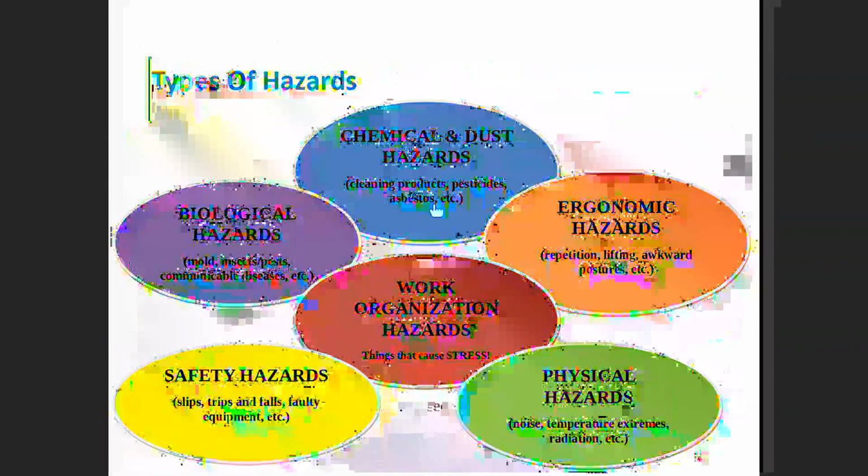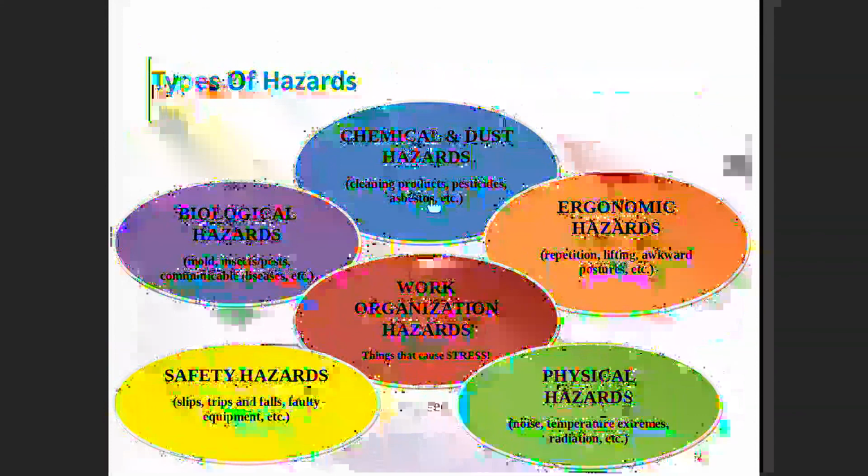For example, chemical products or cleaning products, even the companies that produce these products give you some instructions when hazards appear. For example, if this material touches your eyes, then maybe wash them with warm or cold water, or put in some kind of eye drop.